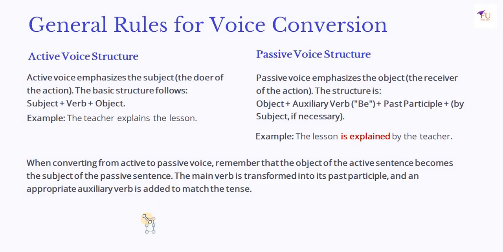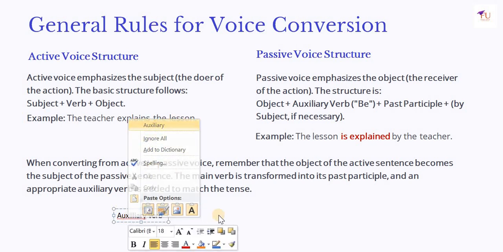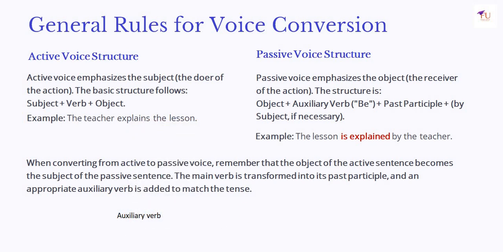Two important changes. One change is all about the auxiliary verb. And another important change is the change of the main verb. Here the main verb will be converted to the past participle, third form.